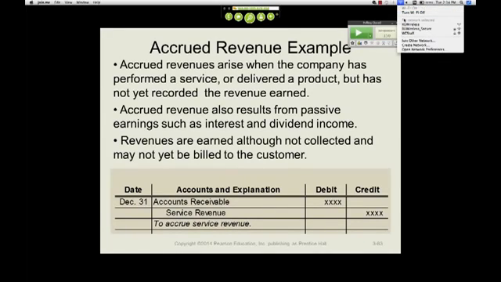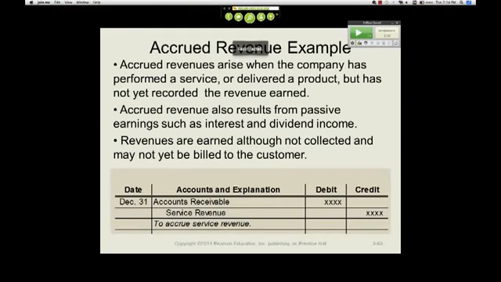So they're earned, they're accrued in the sense that you earned the revenue. You didn't collect them yet, no cash, and they're unrecorded, which means you have to make the adjusting entry.